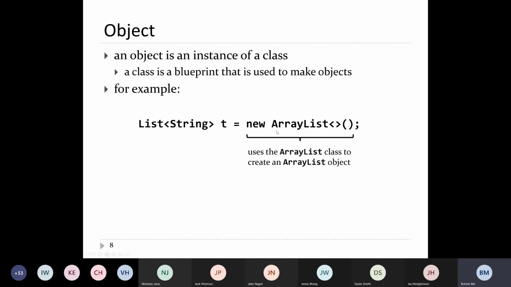It calls the ArrayList constructor to fill in the contents of the object, and this ends up creating an ArrayList object using the class ArrayList. The object that's created here is just an instance of an ArrayList. Whenever you see instance, you can think object, or whenever you see object, you can think instance, whichever way is more clear to you.